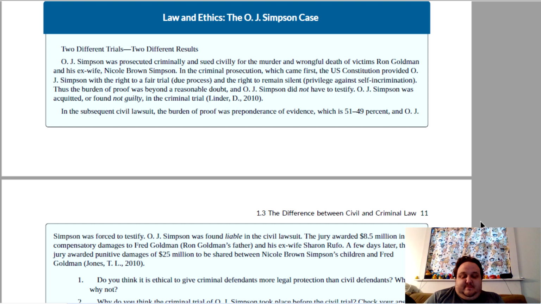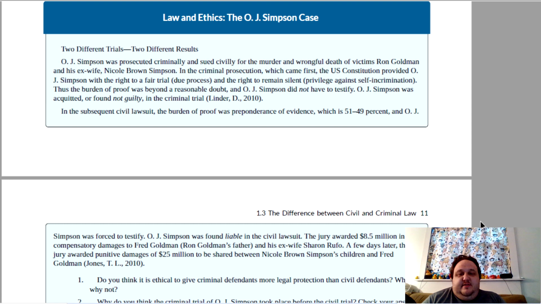And so I don't want you to think, oh, I'm going to learn how to get away with murder. That's not what we're talking about. The important piece to take away from this is that criminal law has a higher standard of proof.